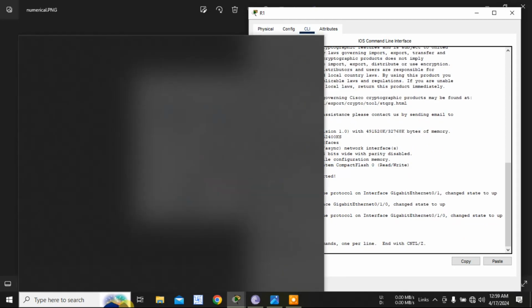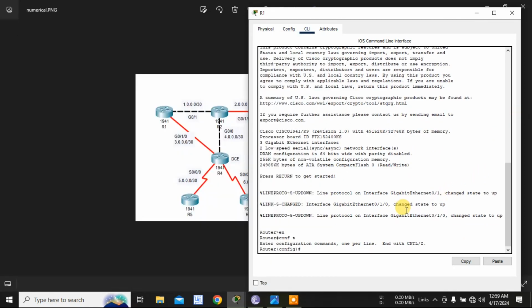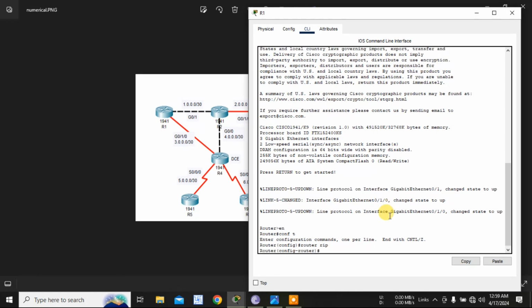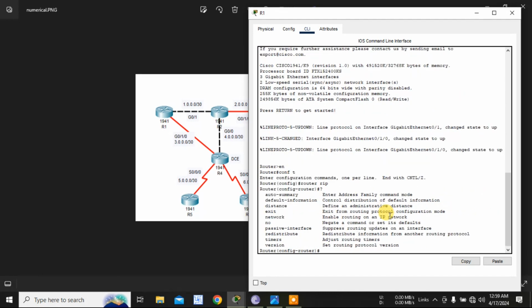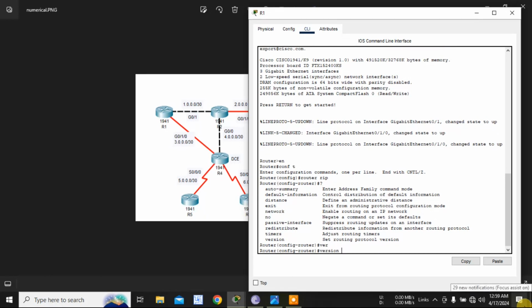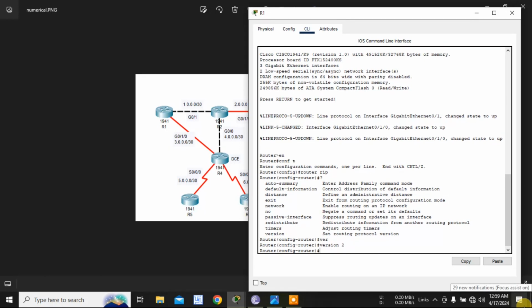As you can see, the first router is connected to network 1 and network 3. First I will write router rip, then version: router rip version 2.